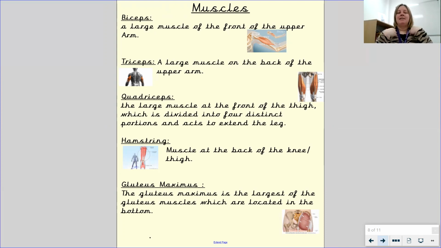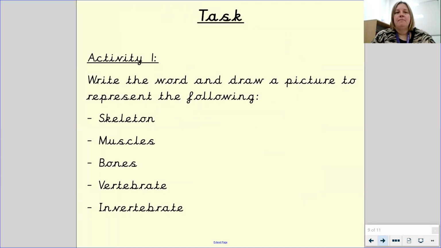Gluteus maximus. Gluteus maximus is the largest of the gluteus muscles, which are located in the bottom.